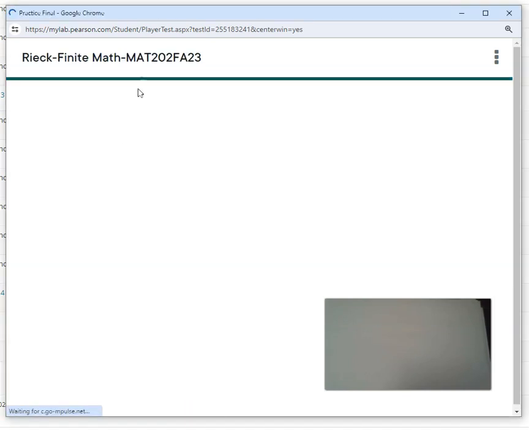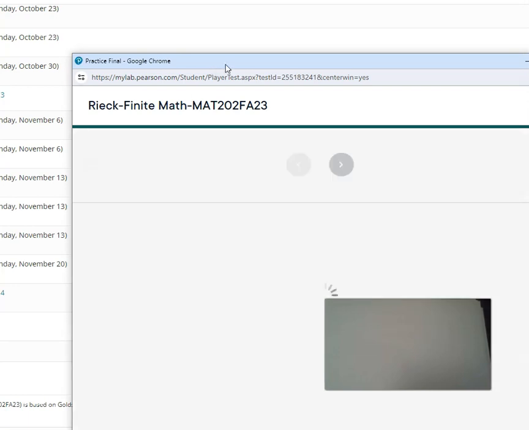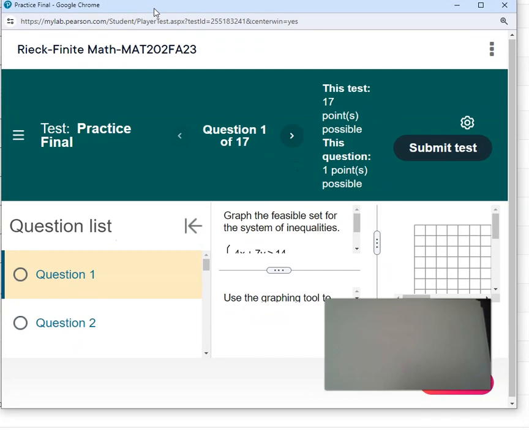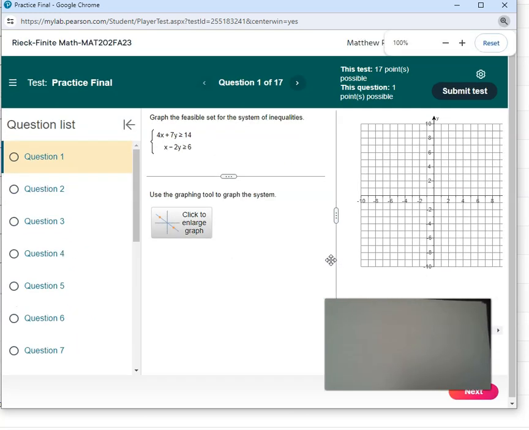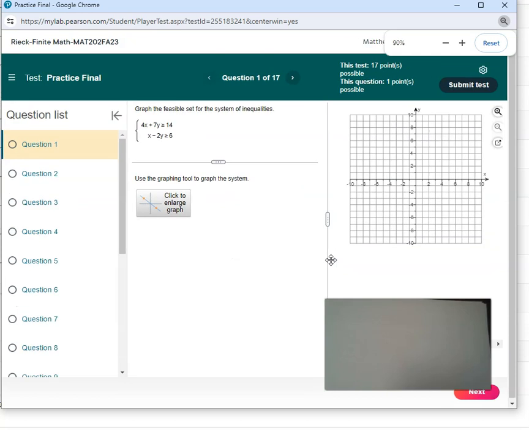All right. So again, you can find this exam on the coursework page, on the assignments page, on the Pearson website there. So this first question is looking at graphing a feasible set.